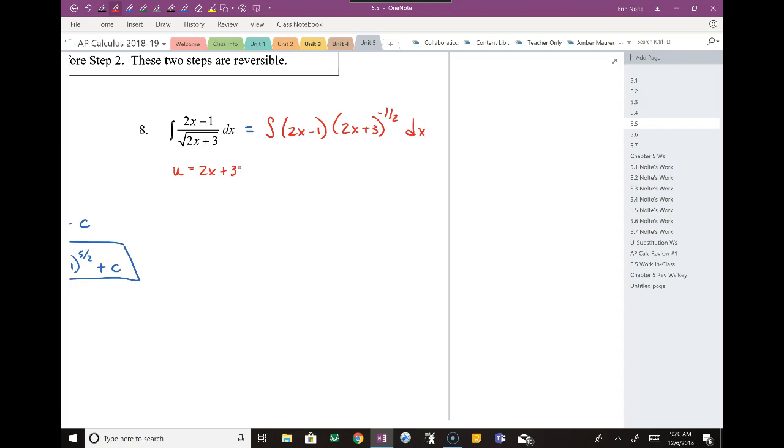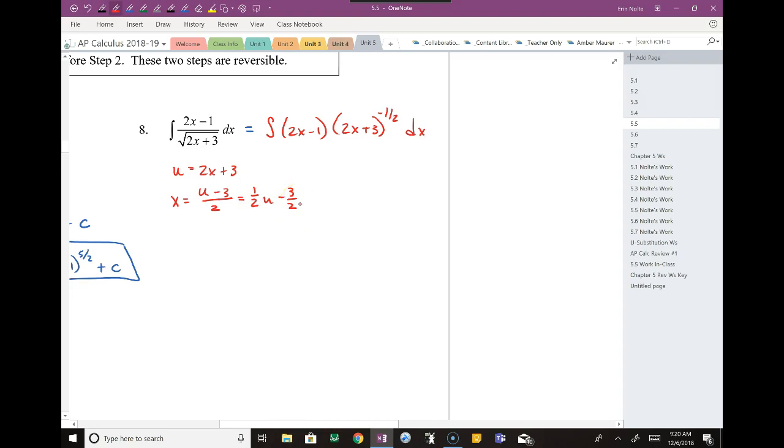Right before that, isolate the x. Good. So if I solve for x, I'm going to subtract 3, divide by 2. So x is going to be u minus 3 divided by 2, right? Which, in case you want to make this more simple for deriving, is the same as 1/2 u minus 3/2.